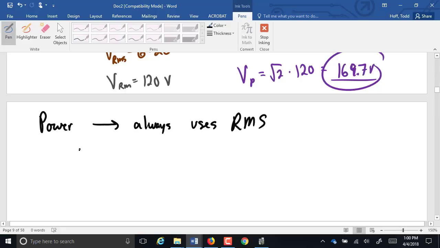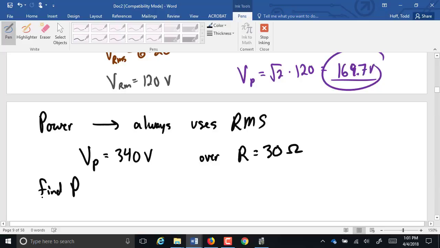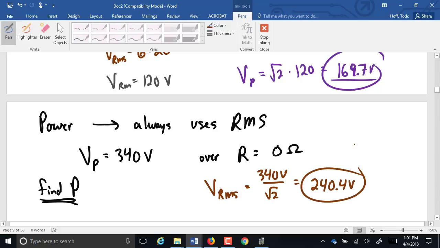So if we have a peak voltage of 340 volts over a resistance of 30 ohms, and I want to find the power, I would have to find RMS values here. So the RMS voltage is going to be that peak voltage divided by the square root of 2. 240.4 volts.